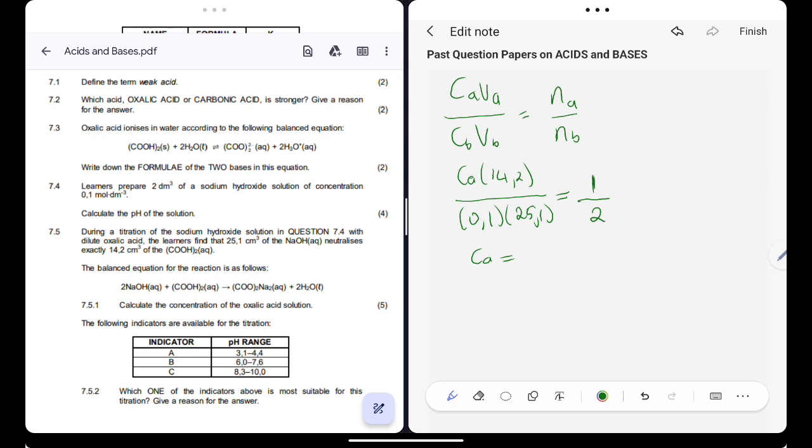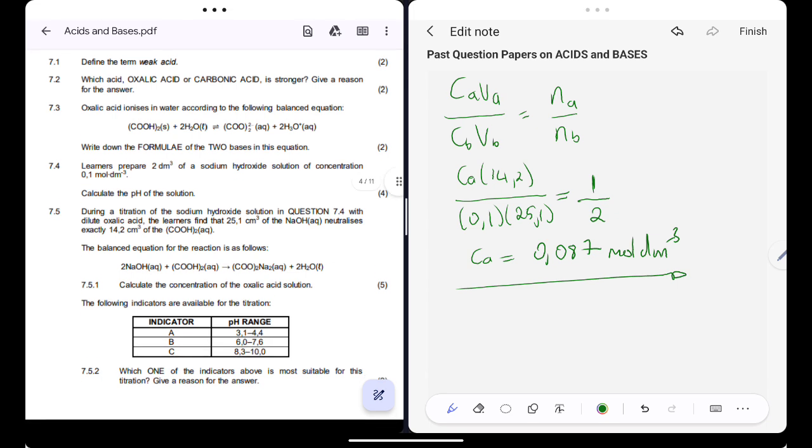And then the concentration of my acid is simply 0.087 mole per cubic decimeter.